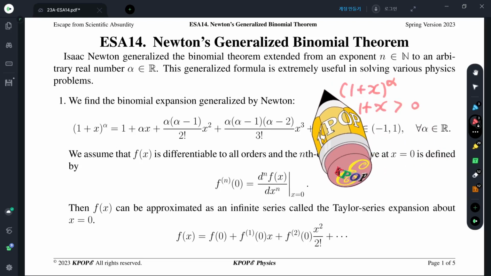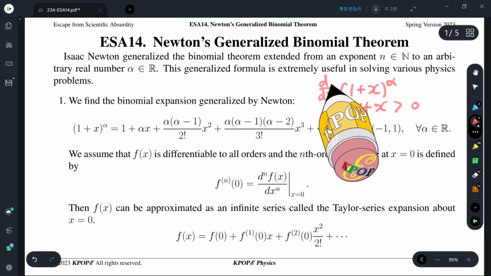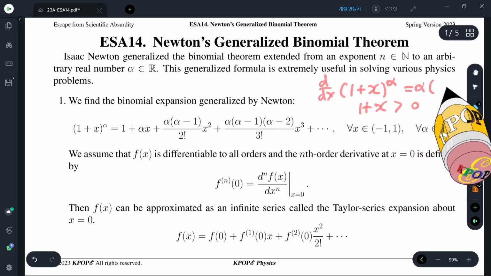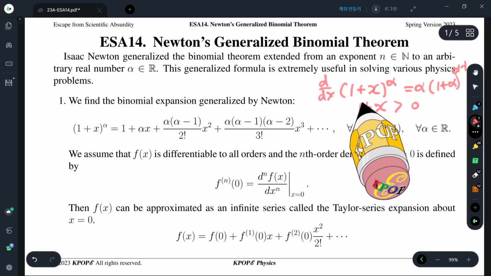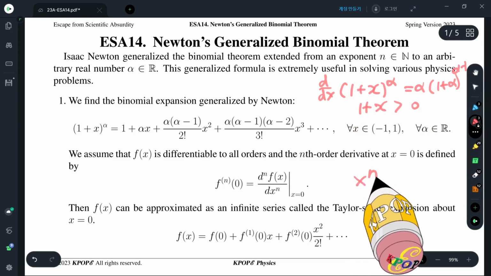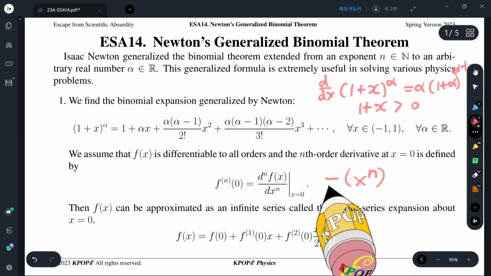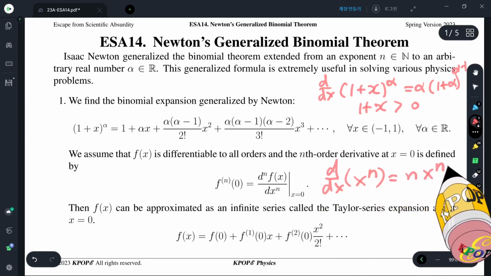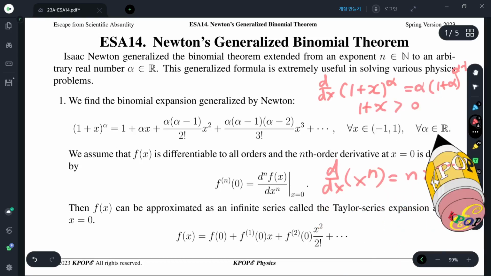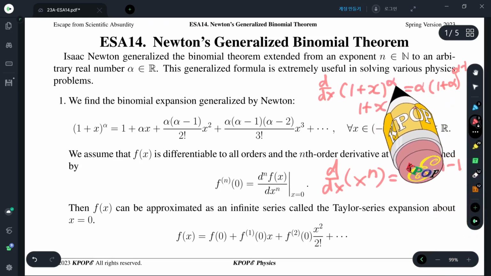Its derivative with respect to x was like that. So it is very similar to the integral power, whose derivative is n x to the n minus 1. So this is true even for a real number.